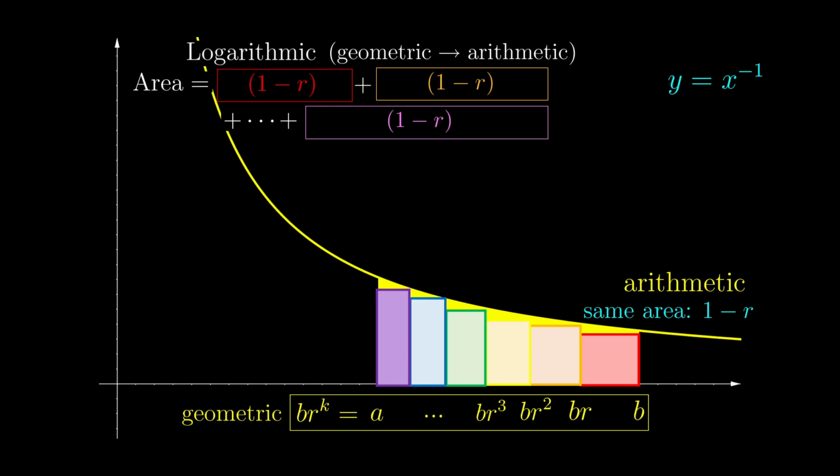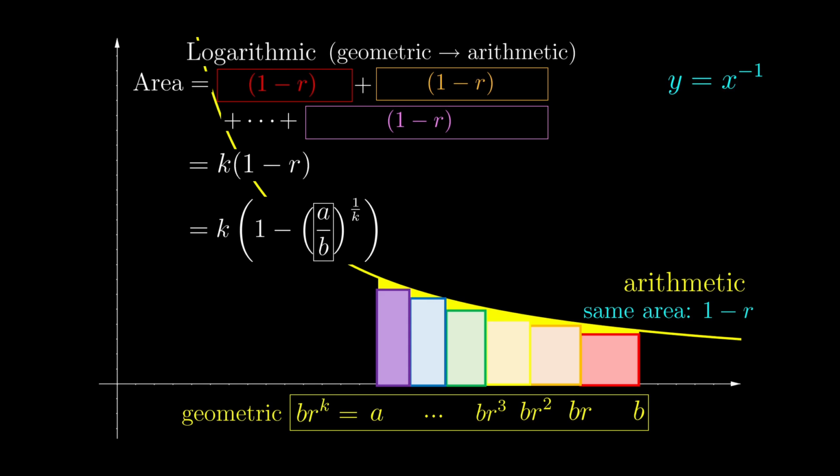Because there are k rectangular strips, all having the same area of 1 minus r, the total area is k times 1 minus r. And because of this relationship between a and b, we can express r in terms of a, b, and k. Now notice that the only thing that matters is the ratio between a and b.